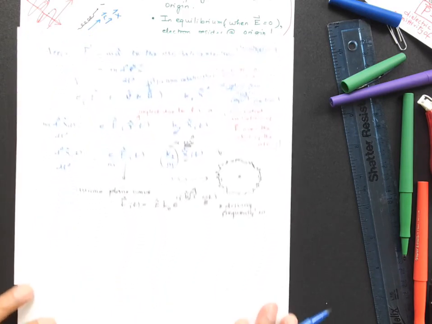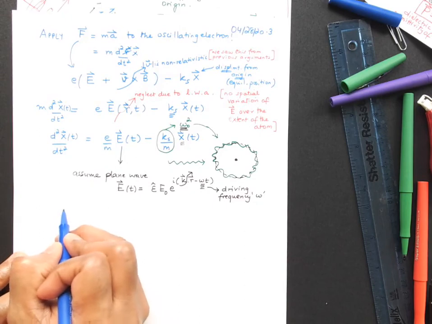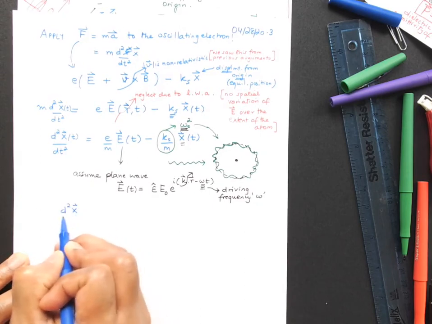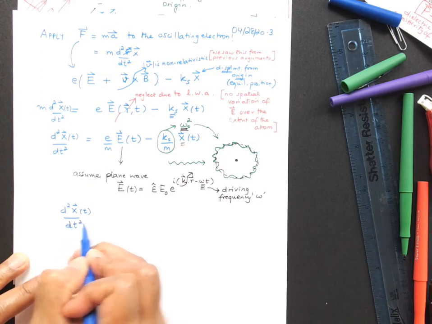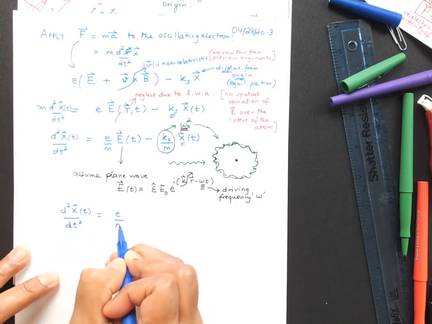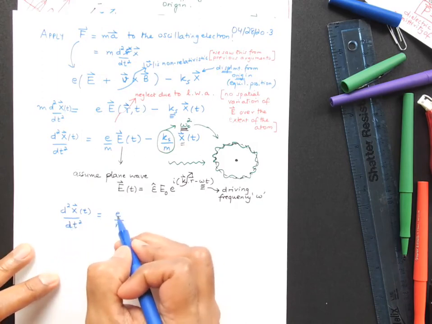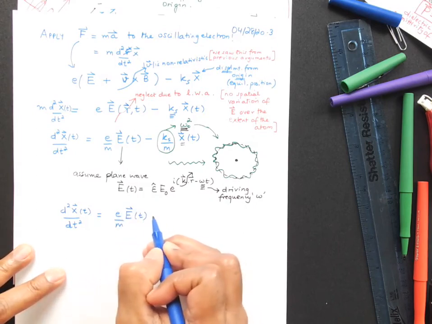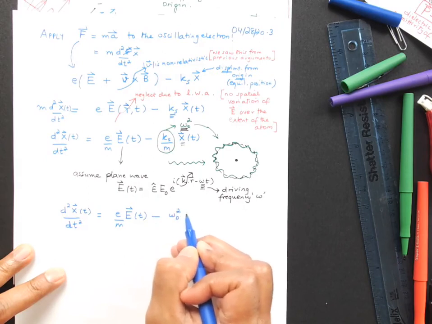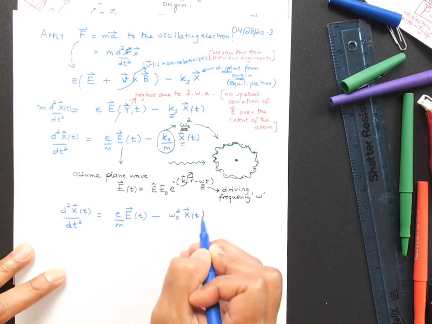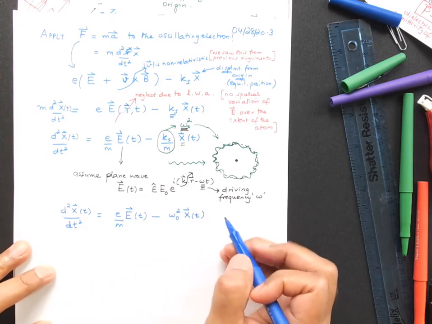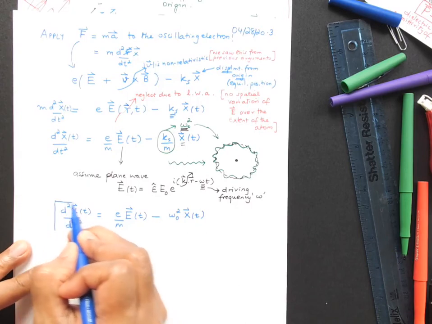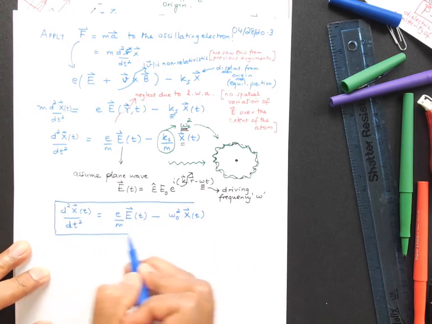I'm just rewriting that equation in terms of realistic quantities. Yes, there is an electron mass, an electron charge, a driving field, and you have omega naught squared x. This is all nice and real. So this will be the Lorentz model equation for the atom.